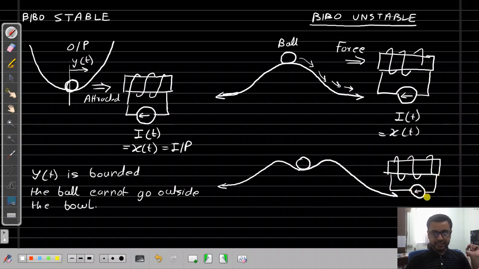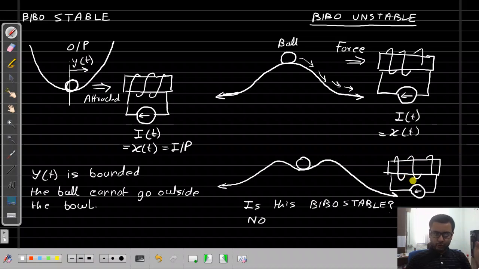The current is i(t), or x(t). Now the question is, is this system BIBO stable? Think about it. The answer is no. Why not?